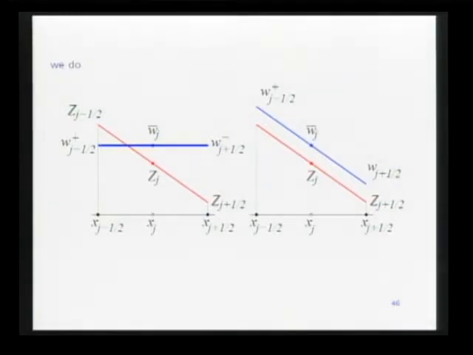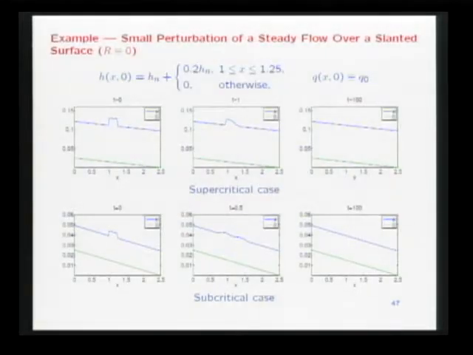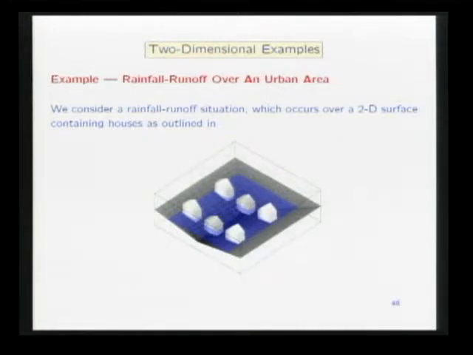So here, we simply made the slope of the water to be equal to the slope of the bottom piece. This was important for this type of applications because we consider the bottom with a constant slope. And here, how the small perturbation goes away, that's a supercritical case, and this is a subcritical case, so it works nice and clean. So for two-dimensional examples, I will take something very practical.